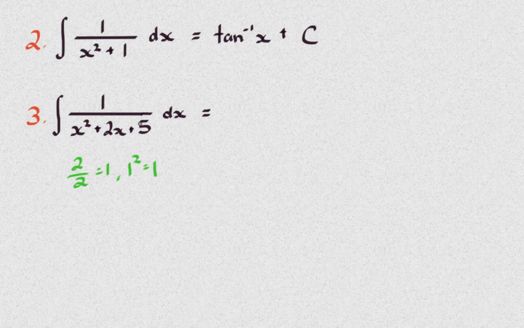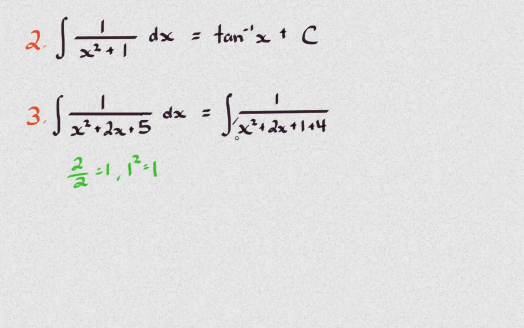So 1, if we saw a 1 here, then we would recognize a perfect square. So let's go ahead and split this 5. So we have 1 over x squared plus 2x. We want to see a 1, and so we've split this 5 into 1 and 4.